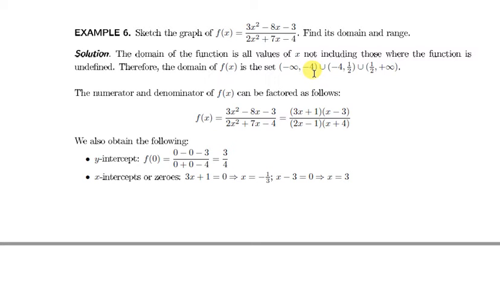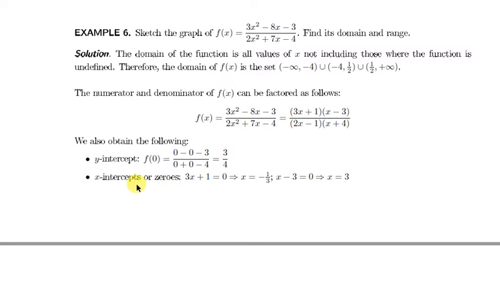So kapag isulat mo naman in set inclusion, so yan yung sinabi ko kanina, or kagaya ng nasa first video lecture natin. Okay, in y-intercept, from the original function f of x, we let x equals 0 para makuha natin yung value ng y. So 0 yung x, yung y is 3/4.